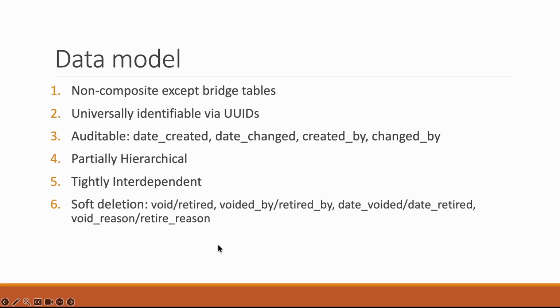Now in OpenMRS, if you want to delete, say, a patient, you'll go and say delete patient. OpenMRS is going to ask you for the reason. Why are you deleting this patient? You'll say, well, this is a duplicate. When you delete it, OpenMRS does not remove that record from the tables. It only marks that record as voided. That's a very important point to understand. OpenMRS does not allow deletion.